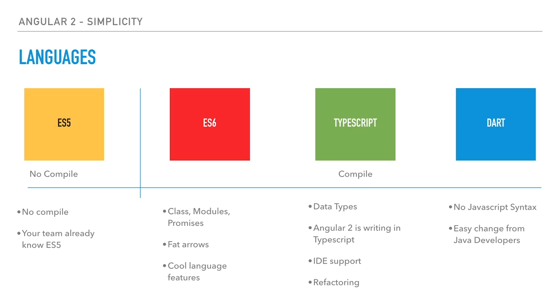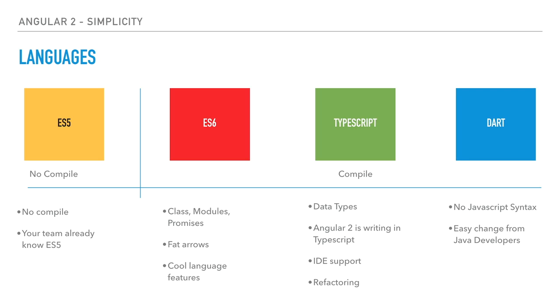Then we have TypeScript. TypeScript offers a superset on top of ES6, and it offers data types. This is something that won't be available in ES6, so you can define a variable that is a string, and it will remain a string forever. Or a number, and then if you assign a number, you cannot assign a string to this variable because it will give a compile error.